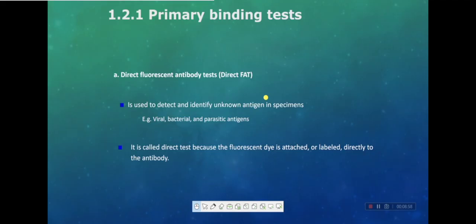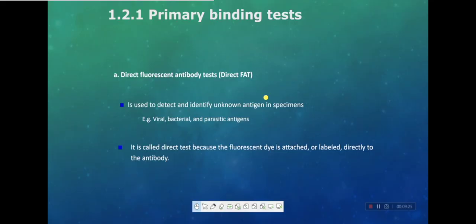Now talking about the direct fluorescent antibody test. So the direct fluorescent antibody test is used to detect and identify an unknown antigen in the specimen. It could be a virus, bacteria, or parasite antigen. Why is it called direct? It is called direct because the fluorescent dye is attached or labeled directly to the antibody.